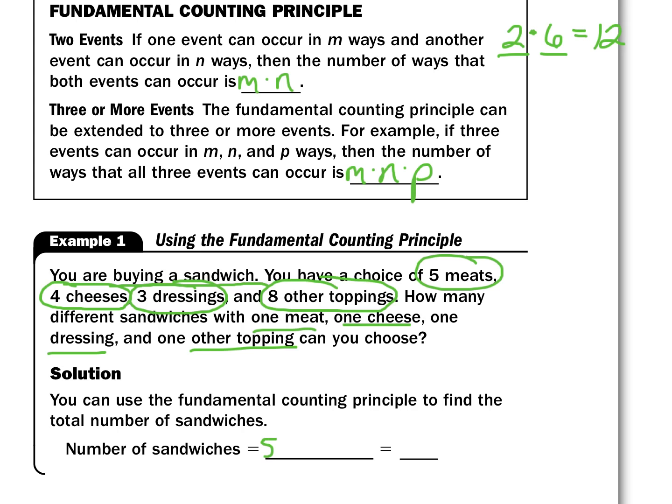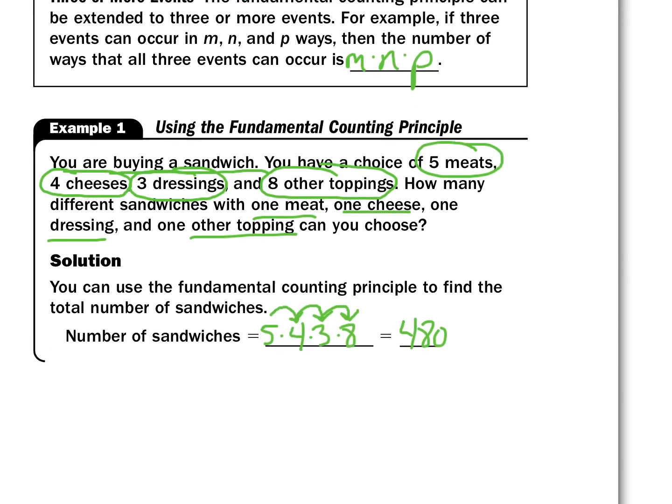So we have 5 different possibilities for meat, 4 for cheese, 3 for dressings, and 8 for other toppings. Okay, so I just work it through. 5 times 4 is 20, times 3 is 60, times 8 is 480. Pretty straightforward.